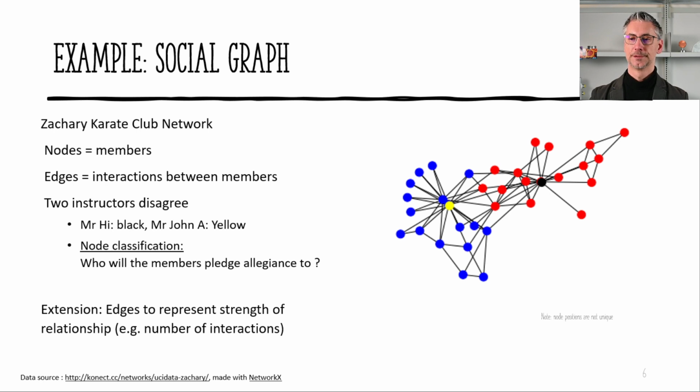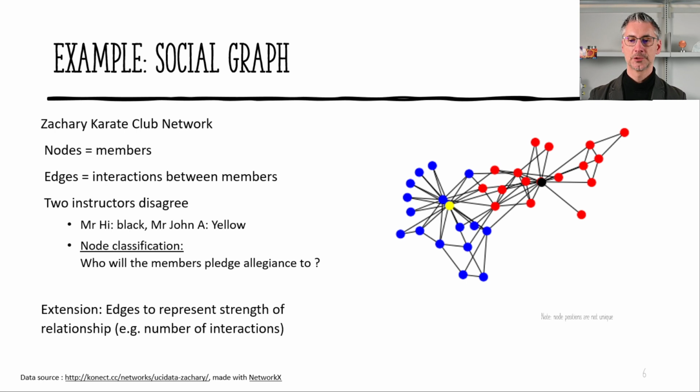So what can we do with it? Let's take another very simple example, a social graph, the Zachary Karate Club network, which is a staple of graph networks. Here the nodes represent the members, the students, and the edges encode the interactions between these members. Let's keep it simple and have no edge features at the moment, and just say if two students talk to each other, they are connected.